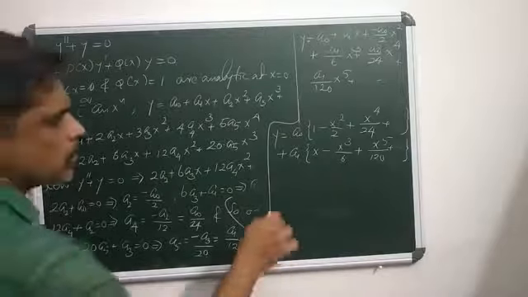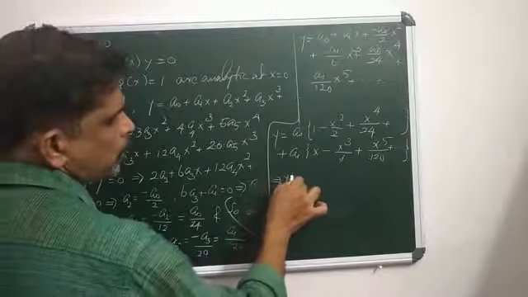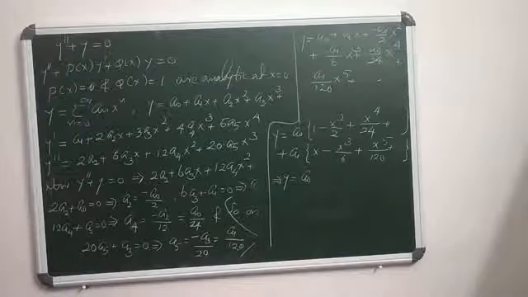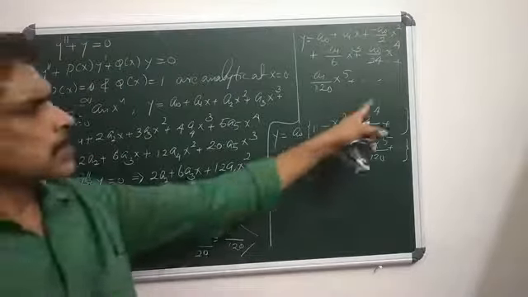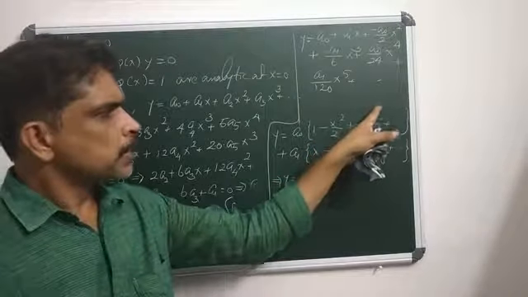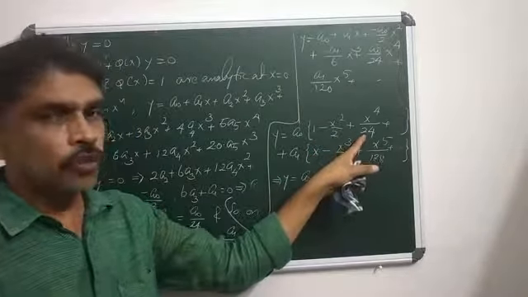So y equals a0 into, coming to the terms inside that bracket, 1 minus x square by 2 factorial plus x power 4 by 4 factorial.